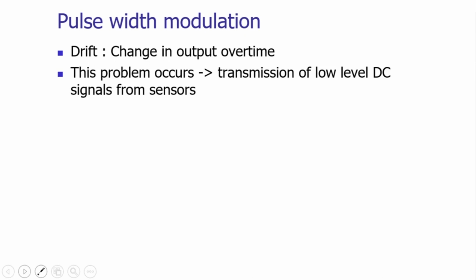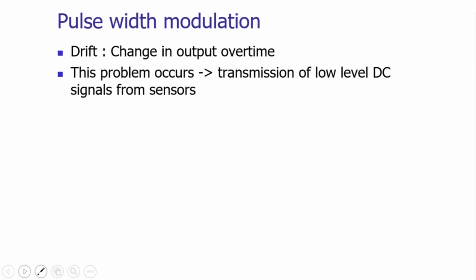To amplify that signal, we are using an operational amplifier. Let us say the inverting configuration that we have seen in our previous lecture is used to amplify the signal which is coming from the sensor.